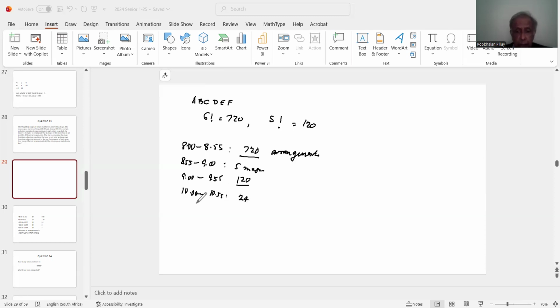I think you already know that, but you could have divided this by 5. And like that, now from 11 to 11:55, 4 factorial becomes 3 factorial. From 12 to 12:55, it's 2 factorial, which is 2, because 2 factorial is 2 times 1.